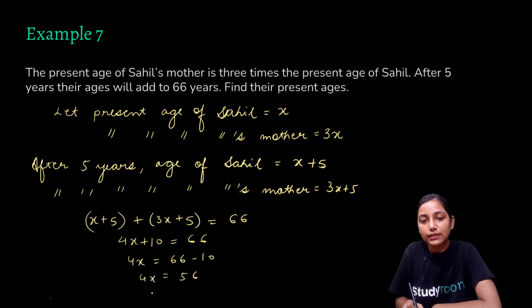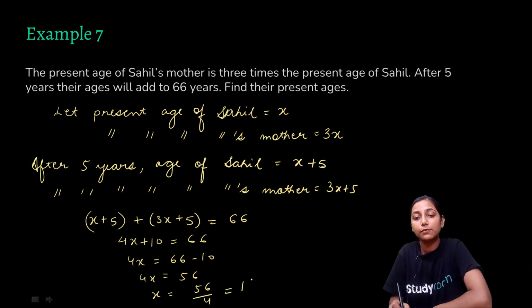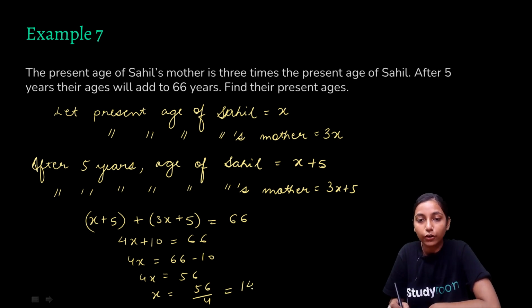4x equals 56 and x will be equal to 56 by 4. X will be equal to 14.